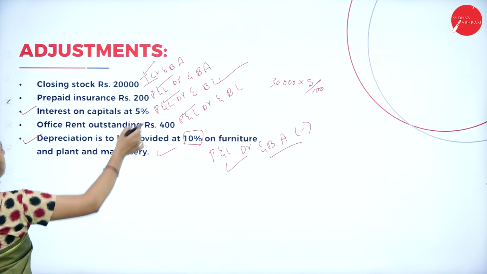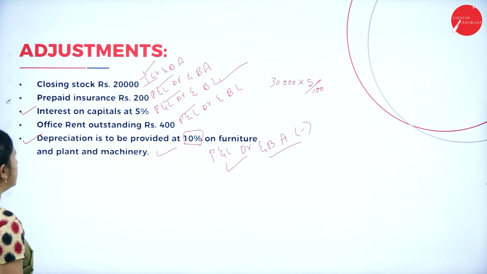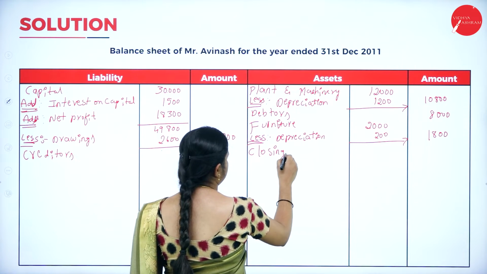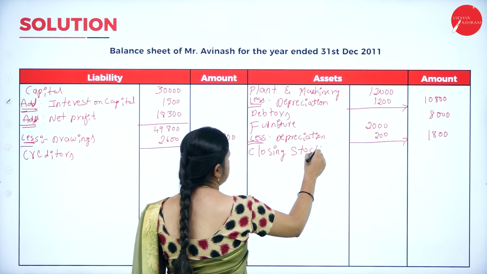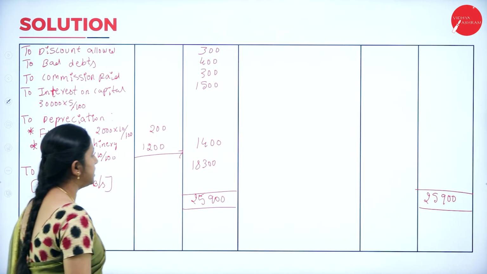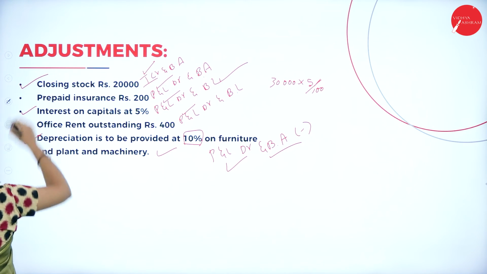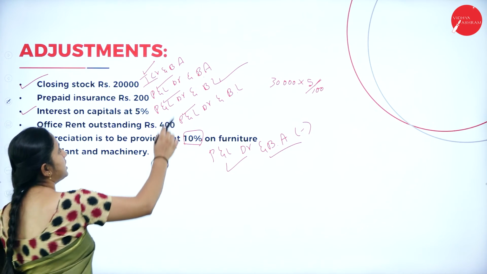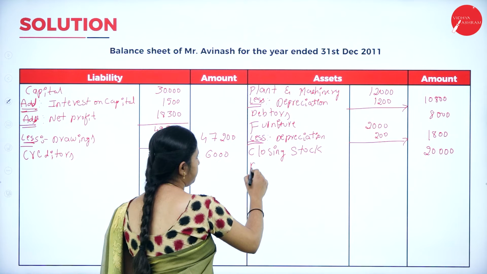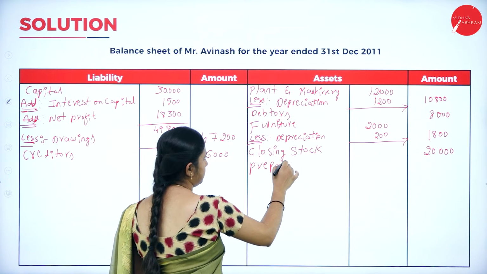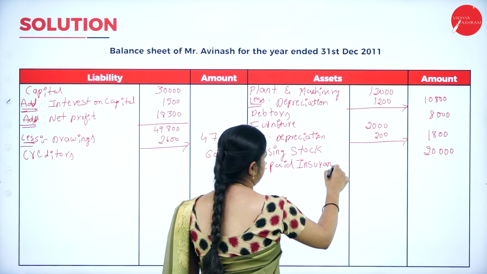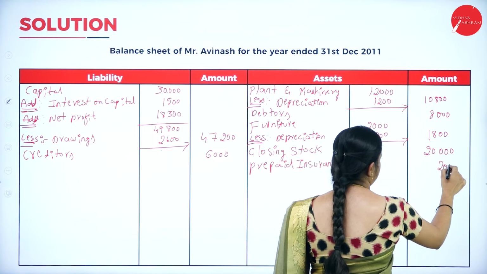Then closing stock. Closing stock, balance sheet asset side, 20,000. Then prepaid insurance, balance sheet asset side, 200.